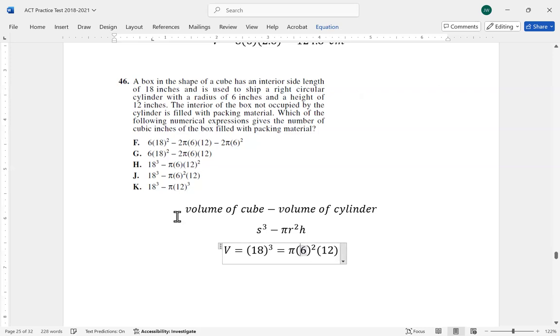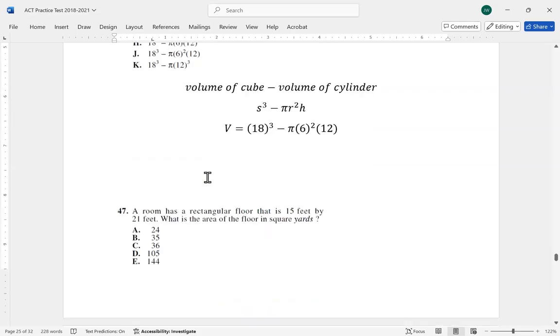So the total volume of the packing material is 18 raised to the third power minus pi times 6 squared times 12. That is option J. And so J is the correct answer to question 46.